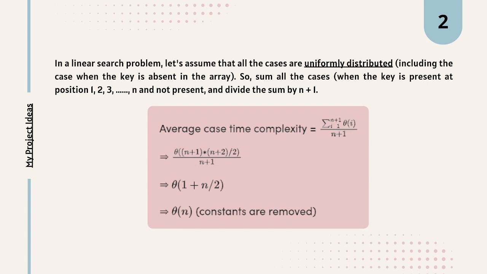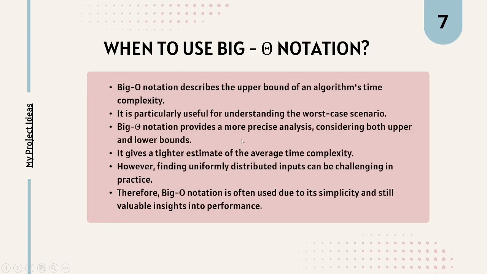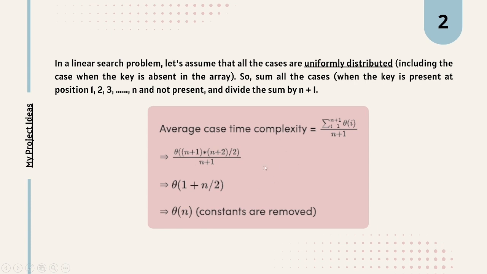So what is the average time complexity? Summation of theta i, where i is equal to 1 to n plus 1, divided by the total number of observations, that is n plus 1. When you solve it, how do you add the natural numbers? How do you find the average of 1 to n?